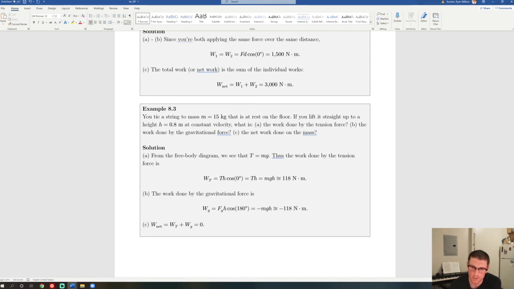But in this case, you know, it might seem kind of weird that, hey, you definitely applied a force, but the net work done on this thing is still 0. And we will come back to this later. Well, we're actually going to just come back to it right now in essence.